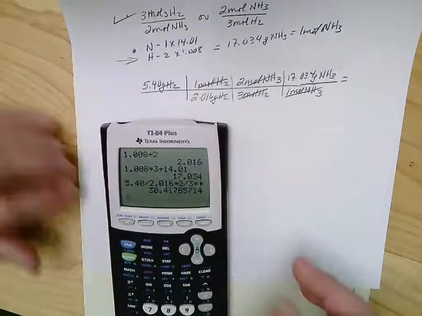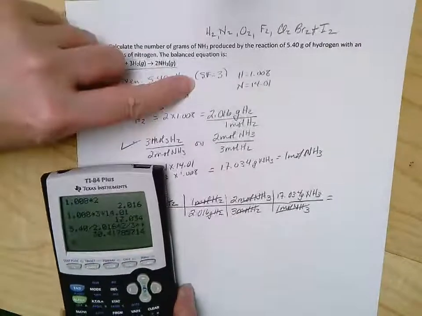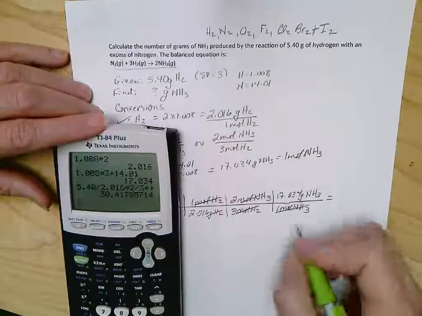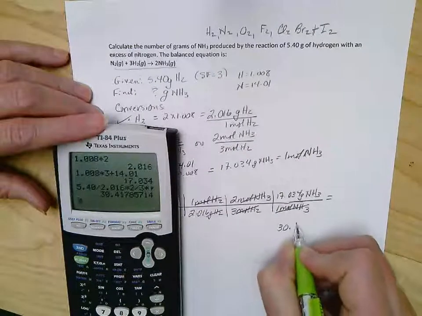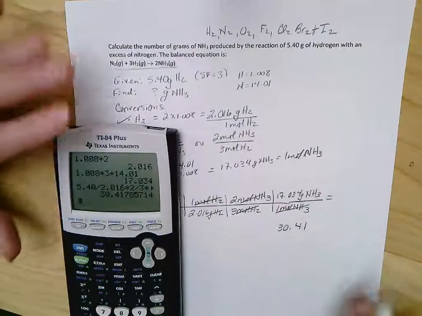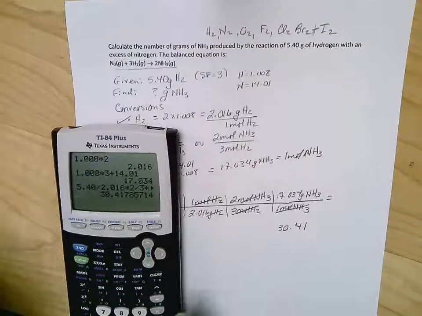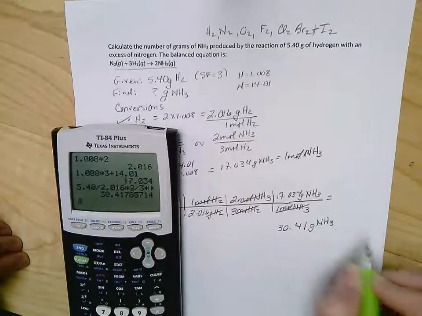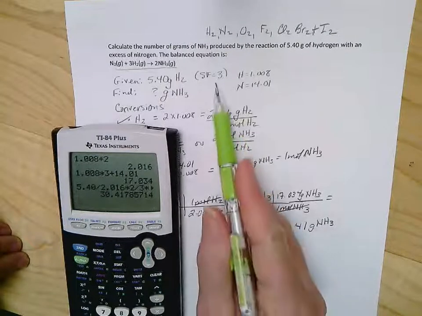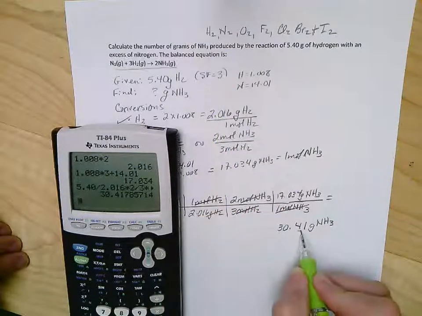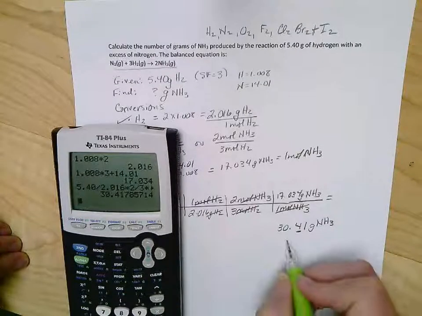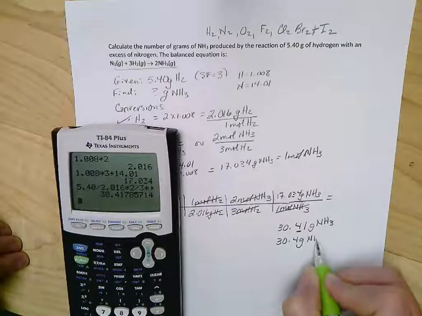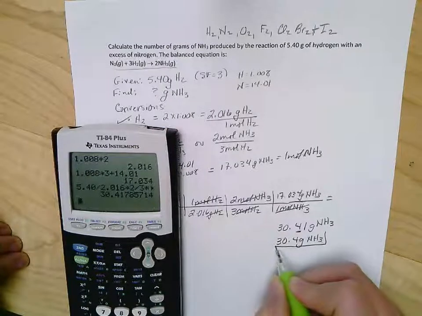I decided back up here that I have 3 significant figures, so I'm going to write down 4 here. So that'd be 30.41. I do not round, I just write the first 4 digits. That's going to be grams of NH3. Since I have 3 significant figures, I'm going to round to this position. The one tells me I round down, so it's going to be 30.4 grams NH3 is my final answer.